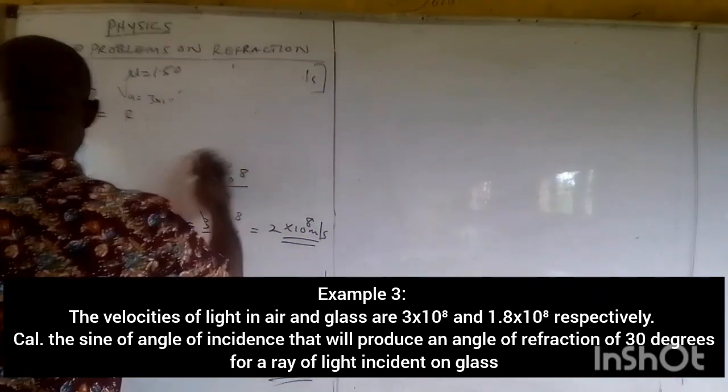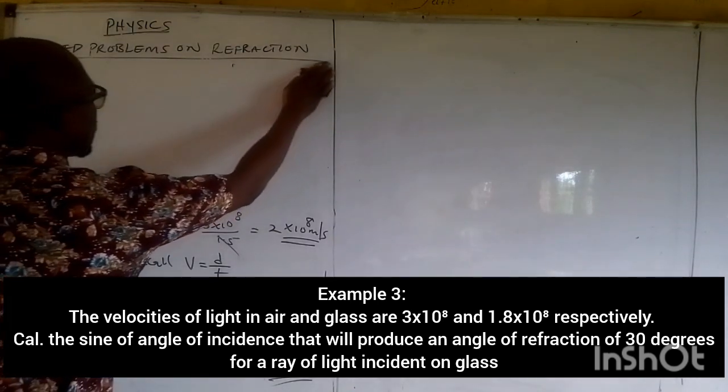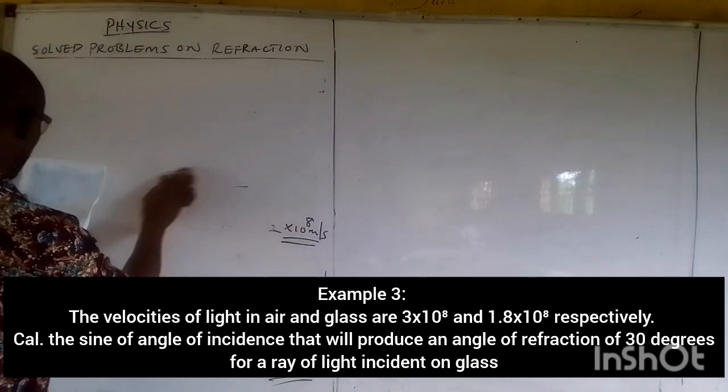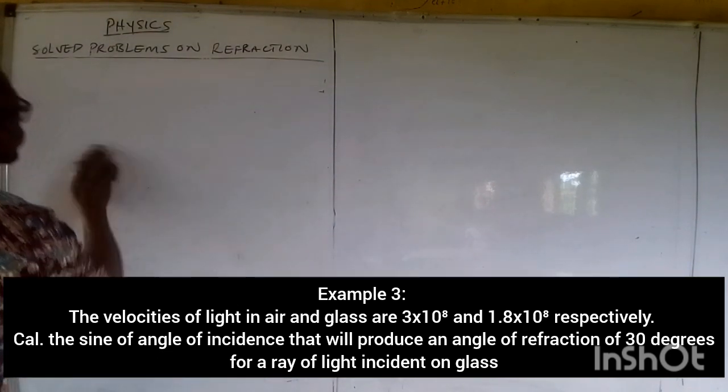Now the question says, calculate the sine of the angle of incidence that will produce an angle of refraction of 30 degrees.